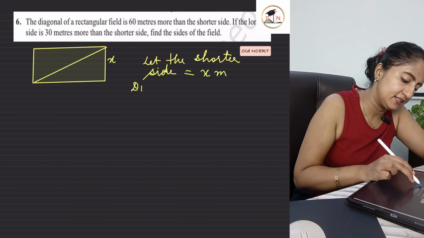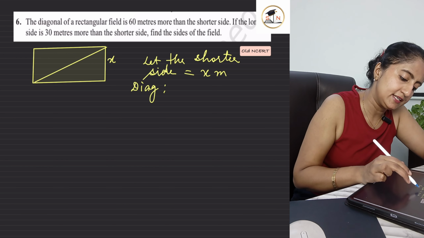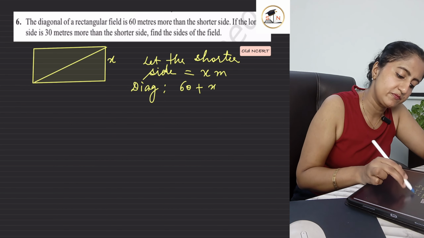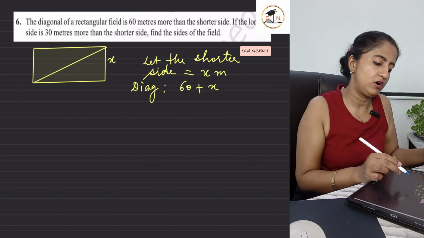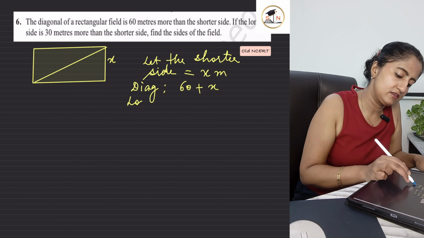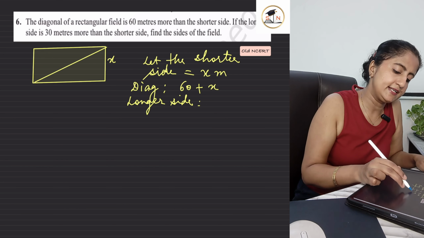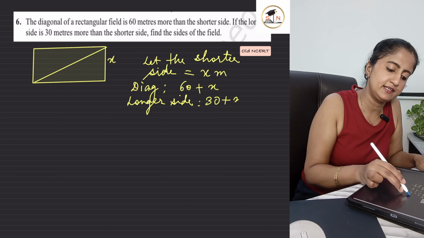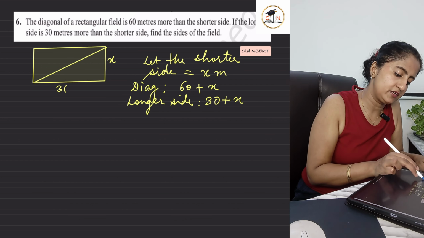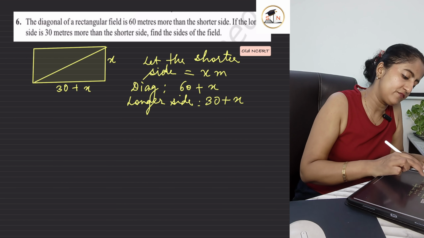So what is going to be the diagonal? Diagonal is 60 plus x, right? Now how about the longer side? Longer side is 30 meters more than the shorter side, right? Let me write down over here 30 plus x, and we have 60 plus x.